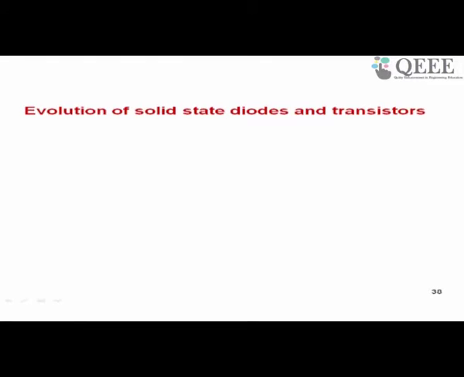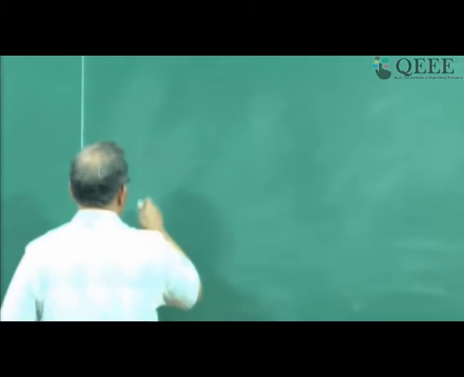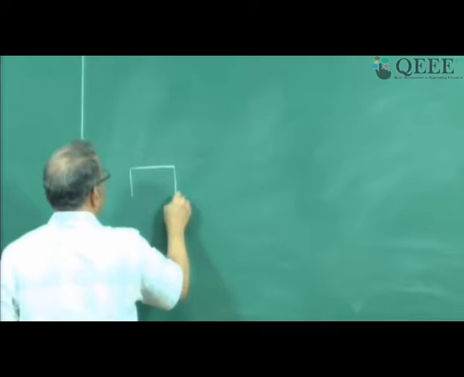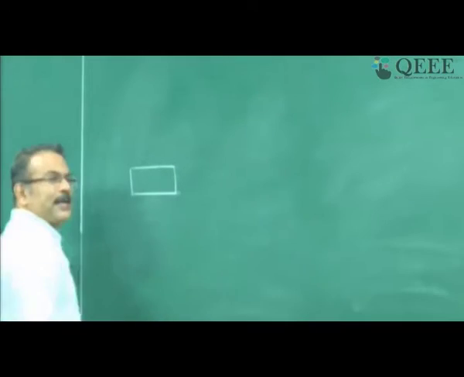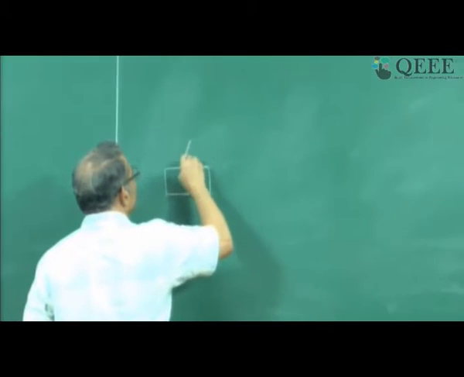Let's briefly see some stories of how these devices evolved, right? A little bit of history. In 1874, a person by name Braun, B-R-A-U-N, discovered that he could make a rectifier with a simple arrangement like this. There was a semiconductor material and he just brought in contact a metal wire.